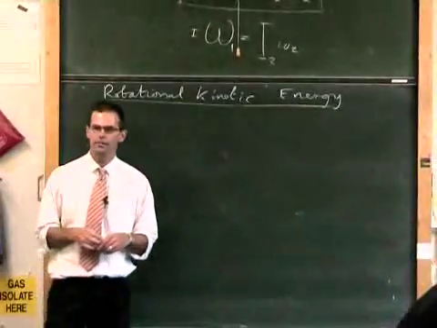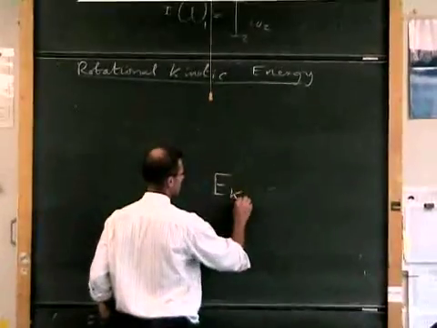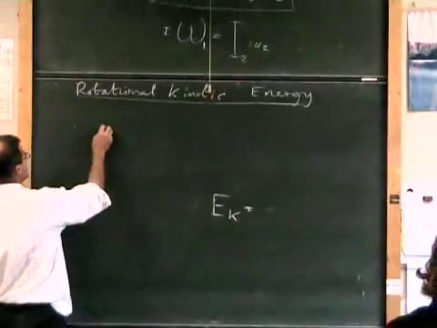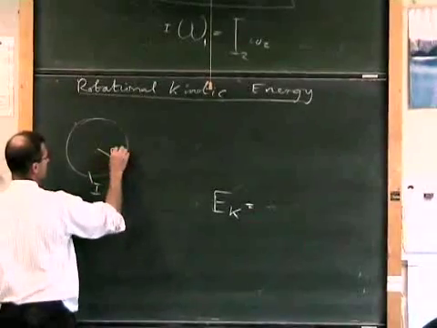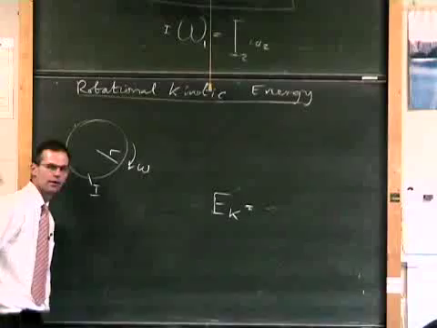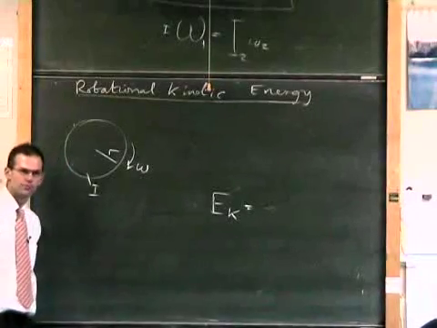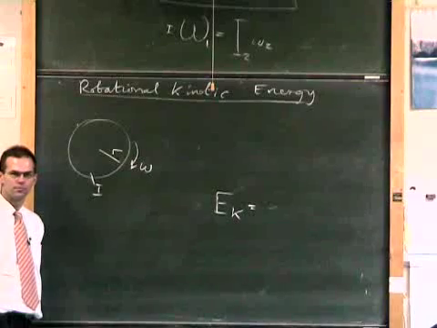What would be your best guess at the equation for kinetic energy for something which has got moment of inertia I, a radius r, and it's traveling at omega? What would be your blue sky guess for rotational kinetic energy?